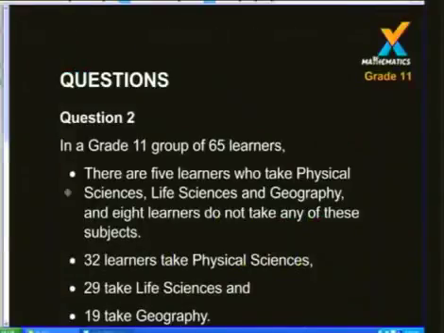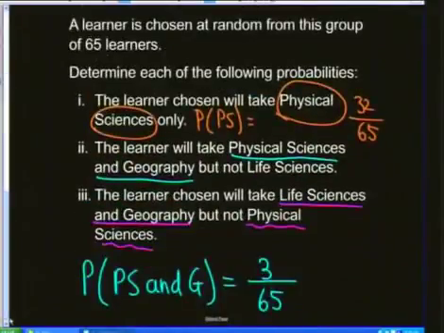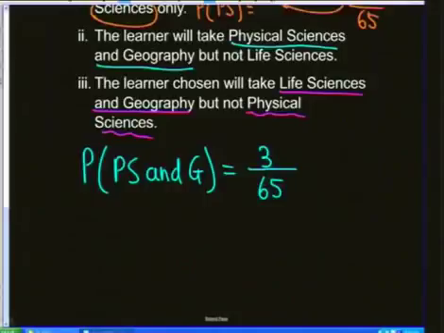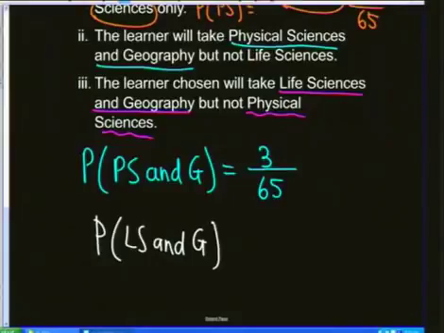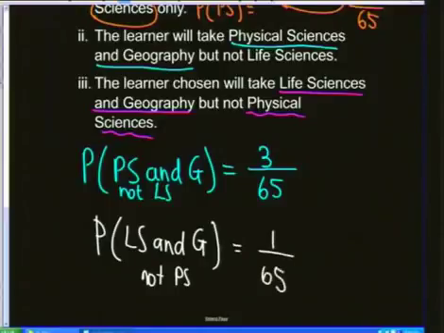So that would be the probability of life science and geography. And sorry, here I should have actually included not physical science, because that's another condition that we've been given: life science and geography, but not physical science. And we found that there was 1 in 65.